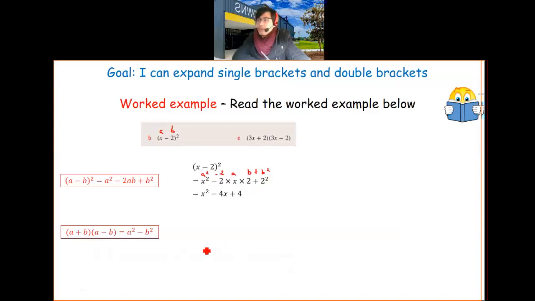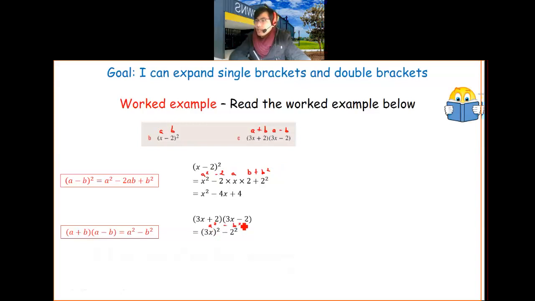And then for the second one, we got a plus b times a minus b. So we can see here this is our a with 3x, and this is our b. Applying the rule here, we're going to have a squared minus b squared.